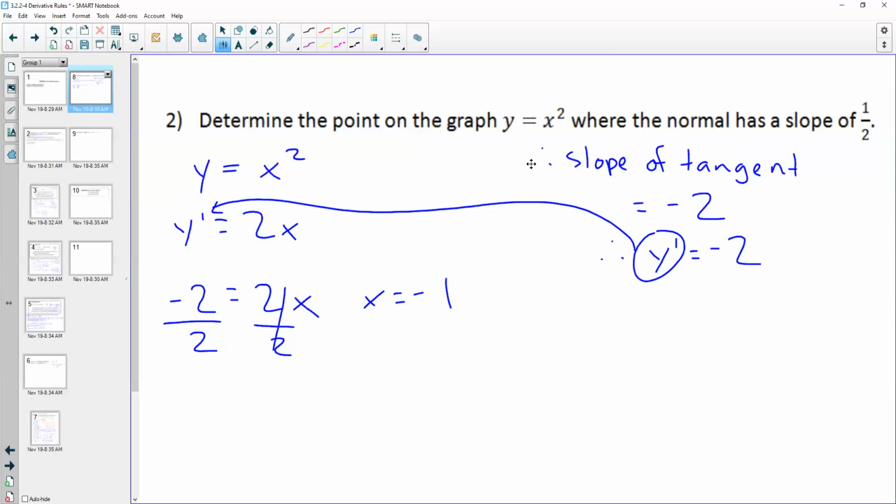So if we know our x coordinate, we can find our y coordinate. So y of -1 is equal to -1 squared. So y of -1 is equal to 1. Therefore, our point will be -1 and 1.